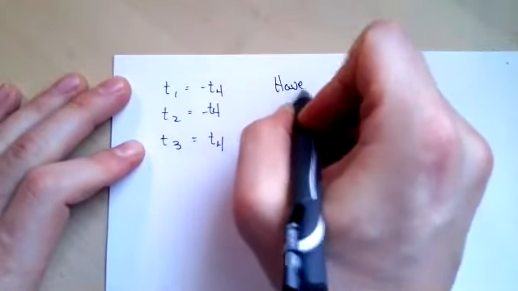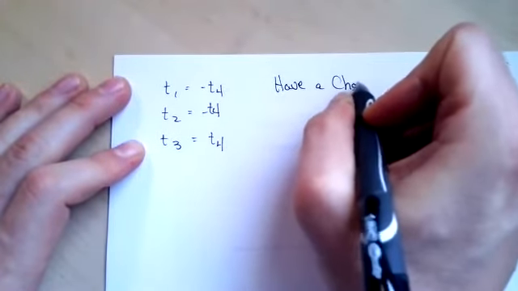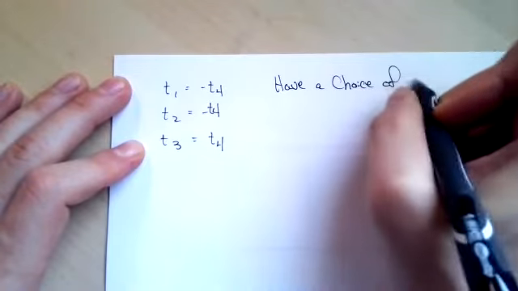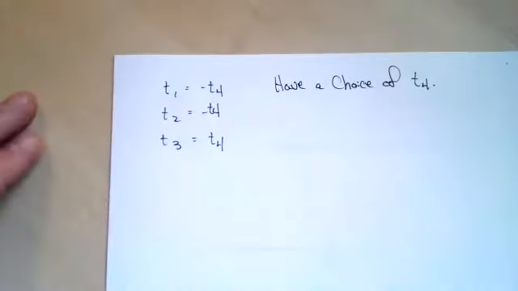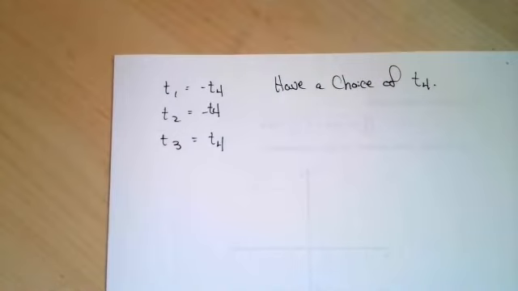So our T4 becomes, in some sense, a free variable. So we have a choice of T4. And if we change the order, if we actually did some column operations, we could choose either T1 or T2 as the free variable, or T3, any of the variables.